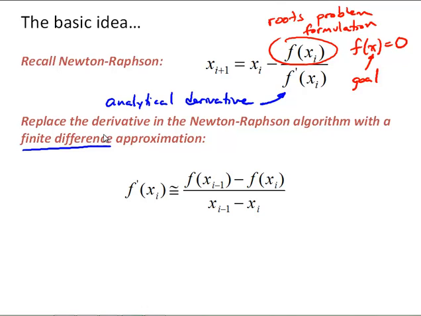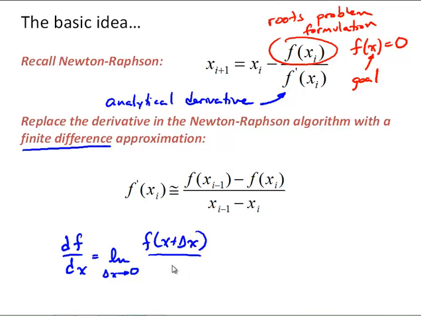So if you recall the definition of a derivative, df/dx is equal to the limit as delta x goes to 0 of f of x plus delta x minus f of x, all over delta x.